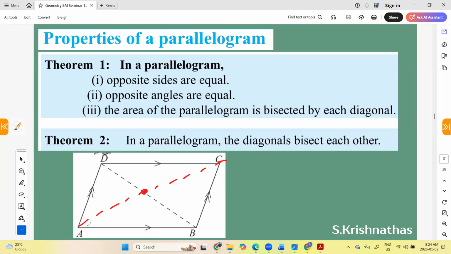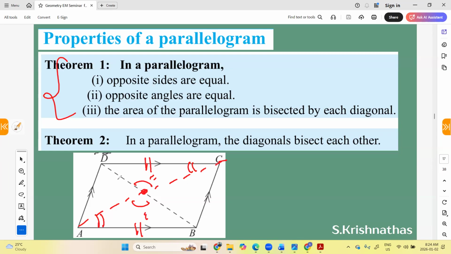We have to build another relationship. Here we already proved this side equal to this side, in theorem 1. This angle equal to this angle, vertically opposite angle. This angle equal to this angle, alternate angle. So these two triangles are congruent.